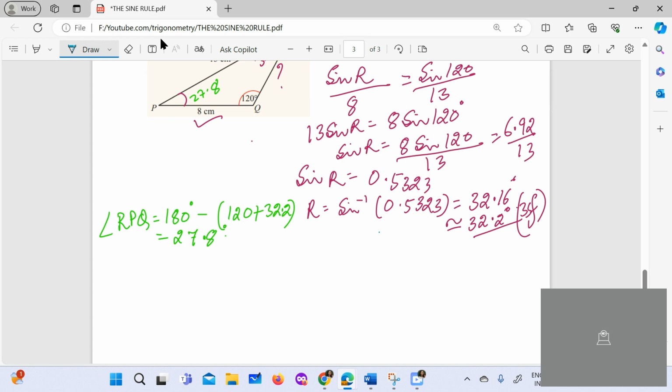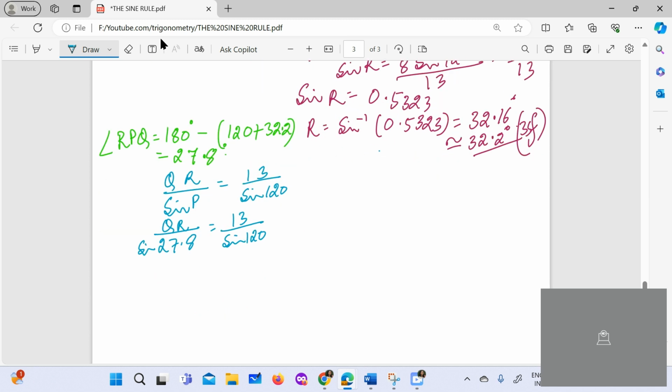You can write QR upon sine P, which is equal to 13 over sine 120 degrees. So QR upon sine 27.8 is equal to 13 over sine 120. Then we just cross multiply and work on it.